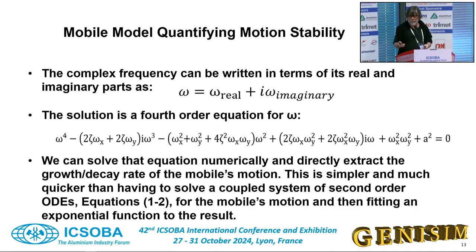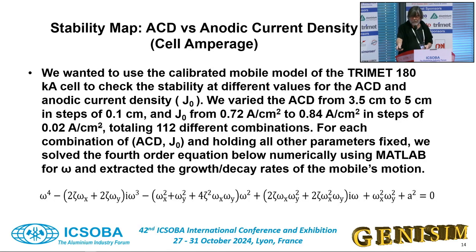You can use MATLAB to solve this, like he's doing, or you can use what I did, Excel. Excel can cope with complex numbers, so you can compute the root of this equation in Excel, and the parameters of the equation are coming from the dimension of the cell.